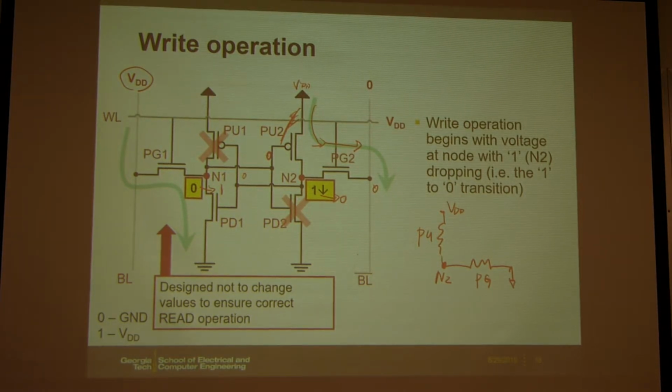Then you want N2's voltage to be as small as possible. So that means this voltage divider, let's say the RPU and RPG, you want this kind of condition. Right? So basically you want the PG2 to be strong enough to pull down the N2 node from 1 to 0.